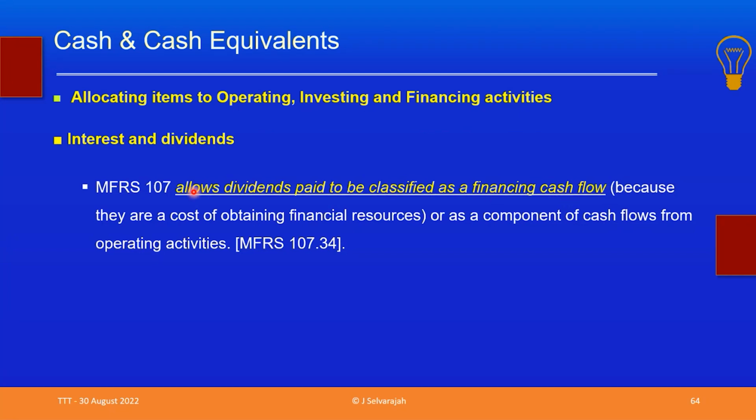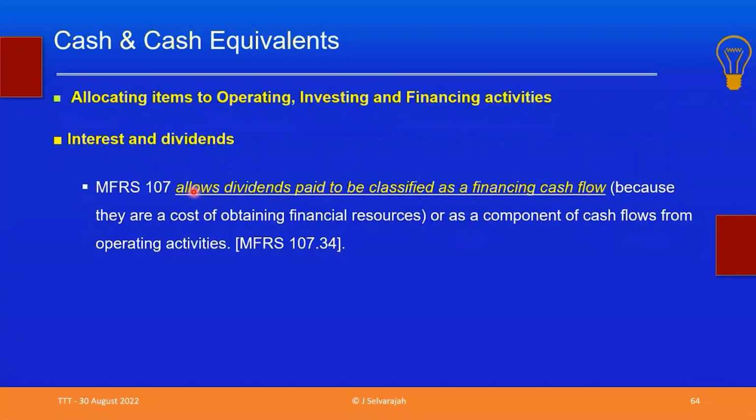Because when you put a financing cash flow, people think that, oh, you are getting some kind of financing from somewhere. So if it's your own free flow funds and you are actually receiving these funds and putting on fixed deposit, why would you want to put it as a financing cash flow? All right, dividends paid. If you receive money in the form of equity, whatever form of equity.